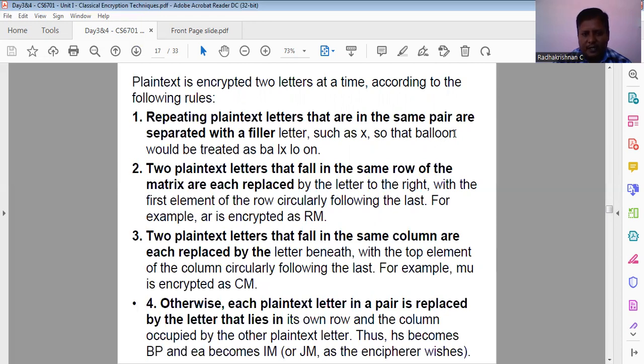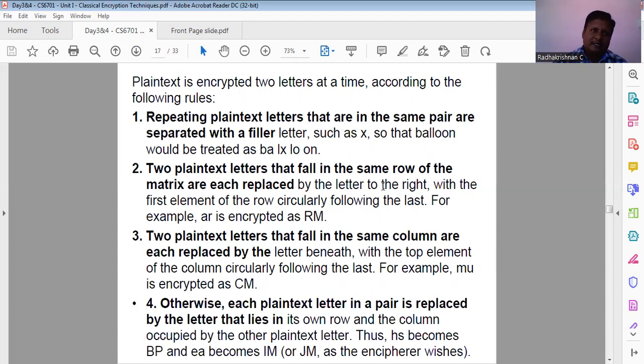Next, two plain text letters that fall in the same row of the matrix are each replaced by the letter to the right.